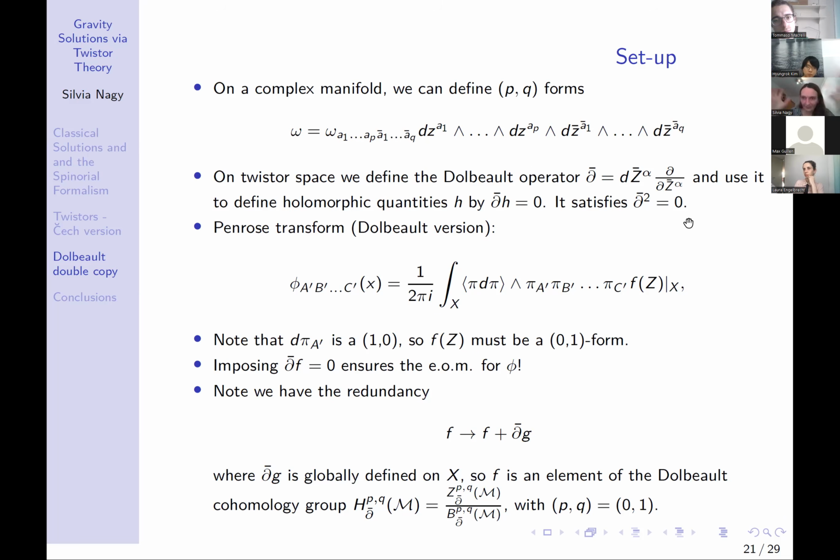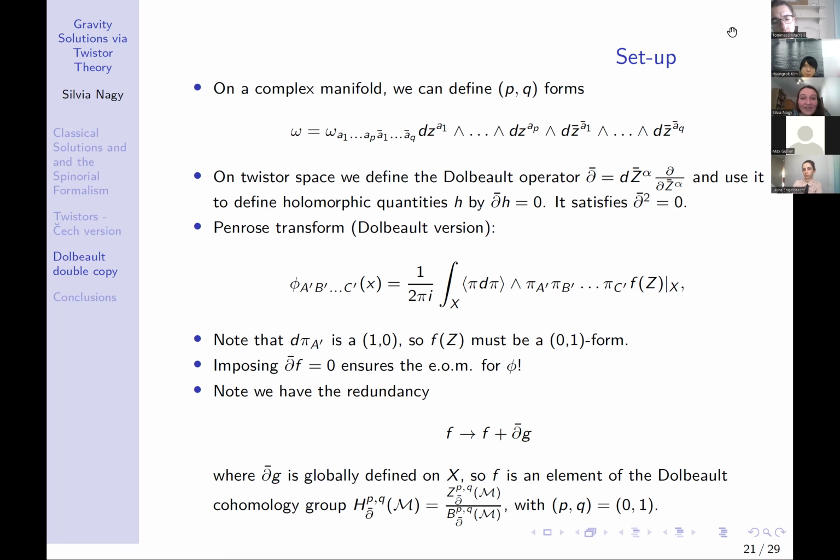Remember, Z was the 4-component twistor that I was showing you earlier. And of course, I could have defined an unbarred version as well. The reason why I chose the bar one is because we can use it to define holomorphic quantities, right? So when partial bar of h is 0, we say this is a holomorphic object. And it also squares to 0, so it's also nilpotent.